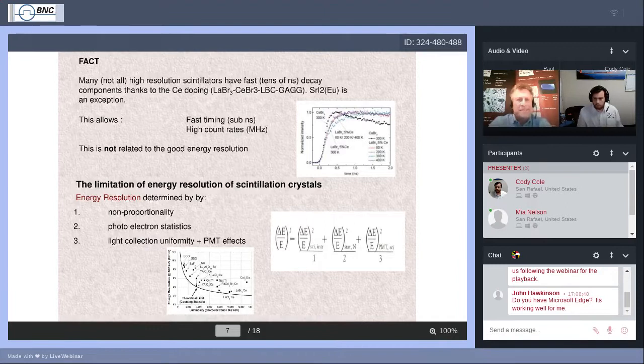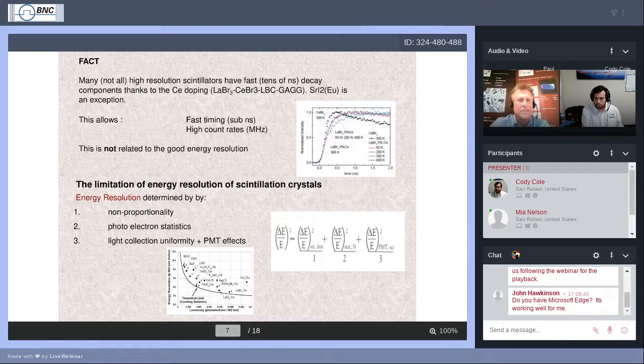It's a fact that many high-resolution materials have a fast decay, because it turns out that often they are cerium doped, like for example lanthanum bromide or cerium bromide, which is a pure scintillator, LBC and GAGG. And that cerium doping means that the decay times of the scintillators are of the order of tens of nanoseconds. Strontium iodide is actually an exception.